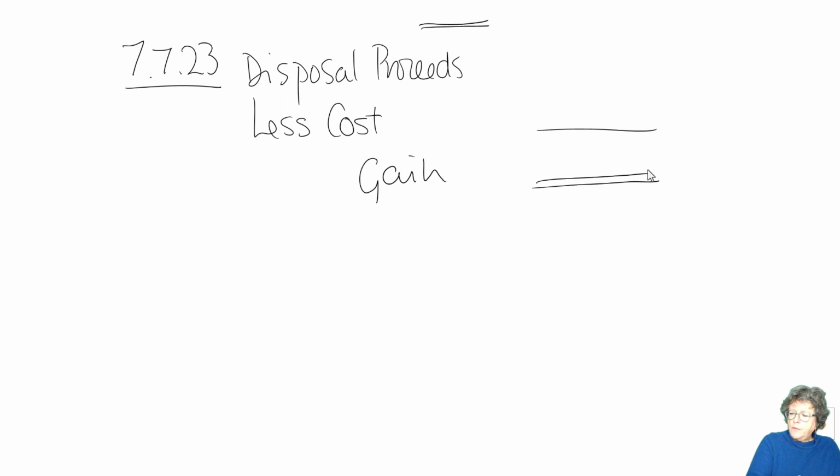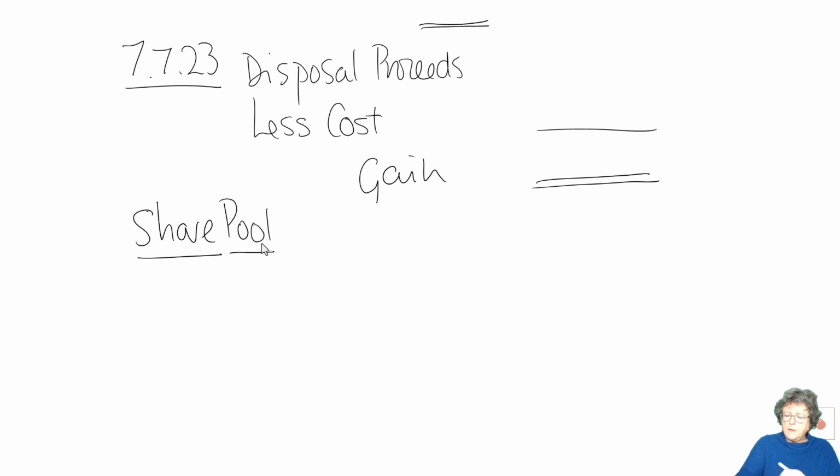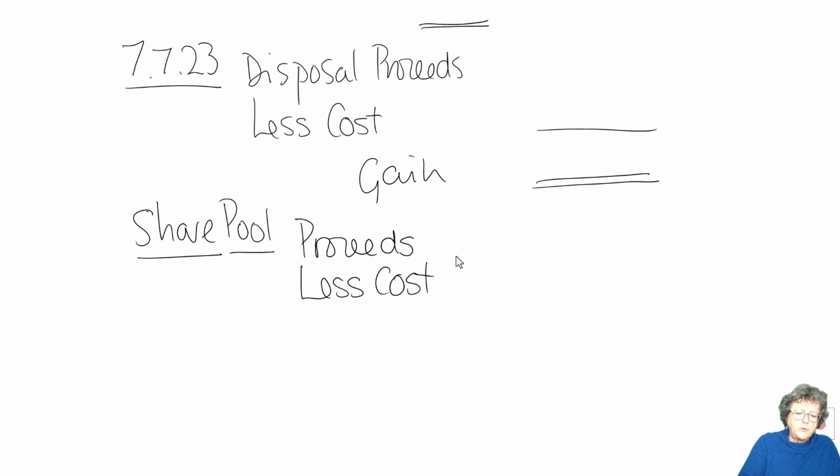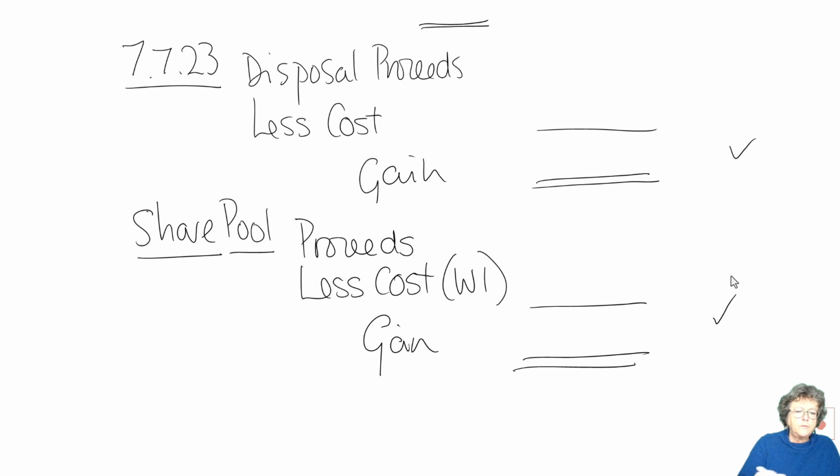The other one then is the share pool. And we will have proceeds less cost, which will be a working. We're going to construct a pool, will give us a gain, and then what we will do then is add those two together. Okay.